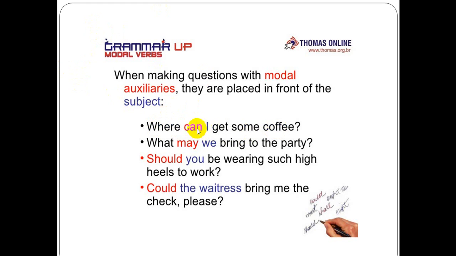You see the modals in red and the subject in blue. So to make questions with modal auxiliaries, these auxiliaries are placed in front of the subject. Where can I get some coffee?